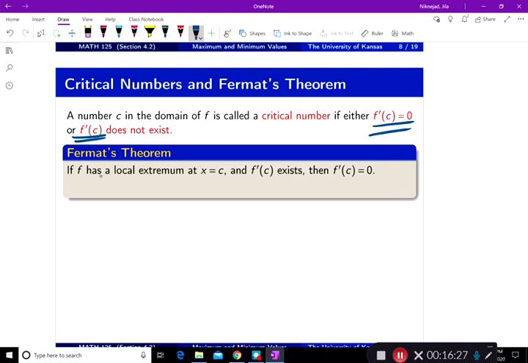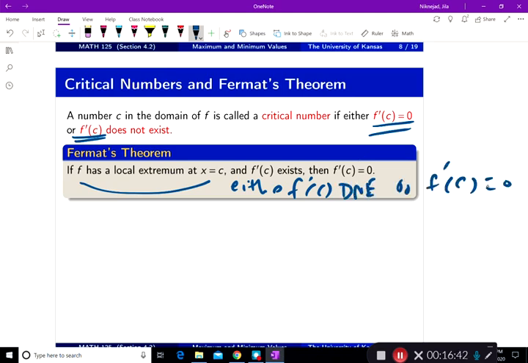If f has a local extremum, you can also write it that either f prime does not exist or f prime at c is equal to 0. So that's how we can word it differently, because it says if f has a local extremum at c and f prime exists, then it's 0.